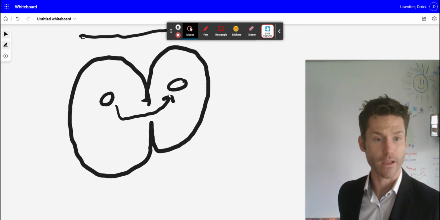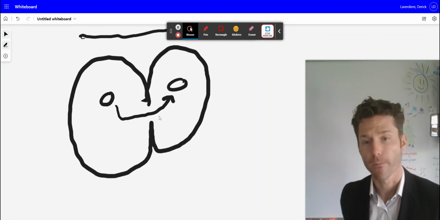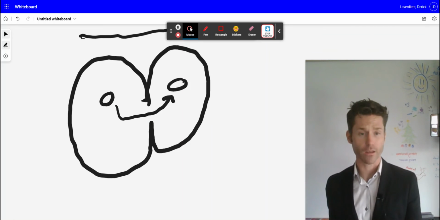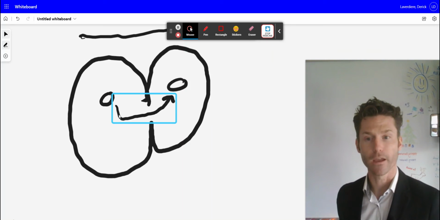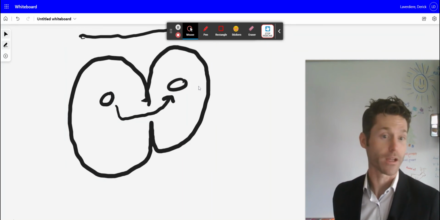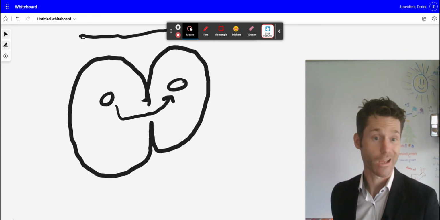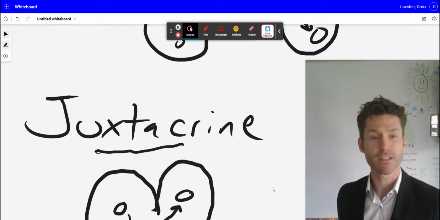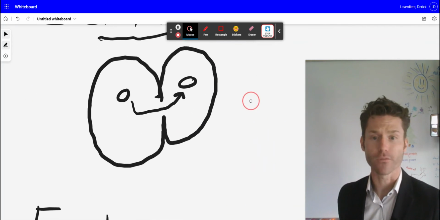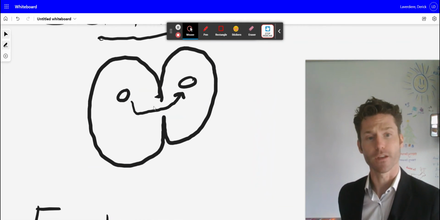Half of it's on one side, half of it's on the other. This makes for a very, very quick communication between the two cells. So cell A just dumps chemicals directly into cell B. Ta-da, boom. Juxtacrine. Cells are physically touching each other, very often actually linked via channels.